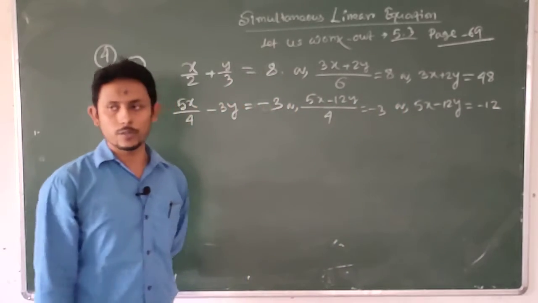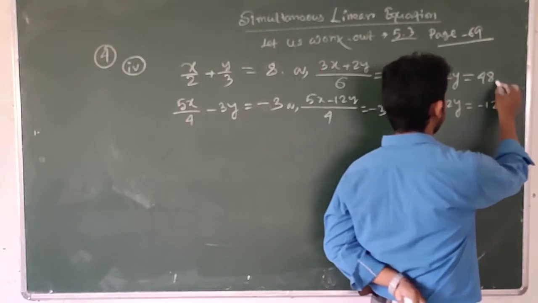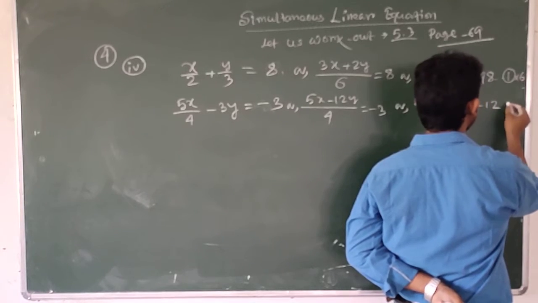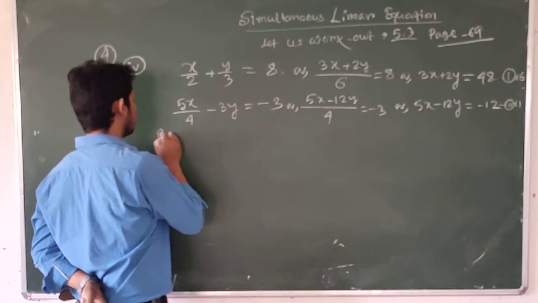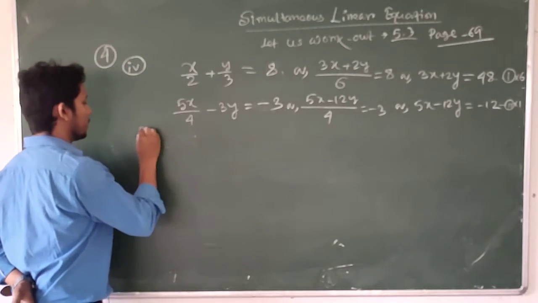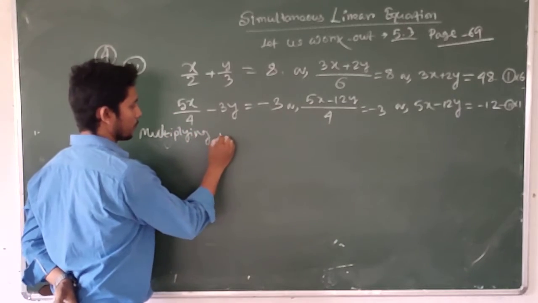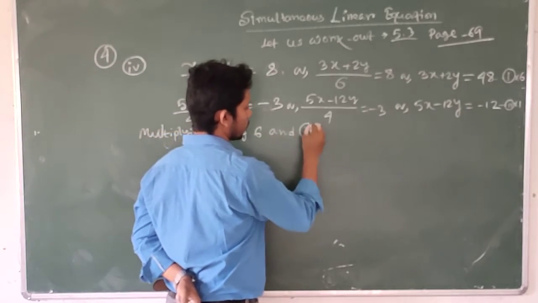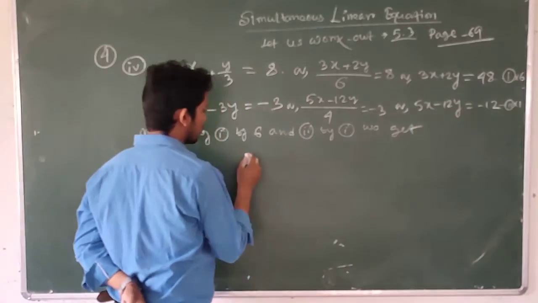Which one do you want to eliminate, x or y? If you want to eliminate y, no problem, eliminate. So multiply this with 6, and this will be multiplied with just 1.